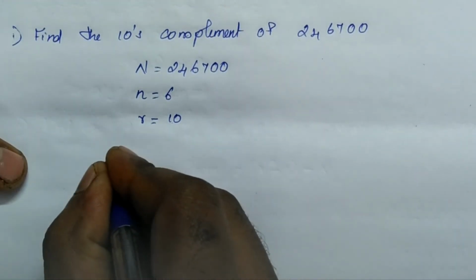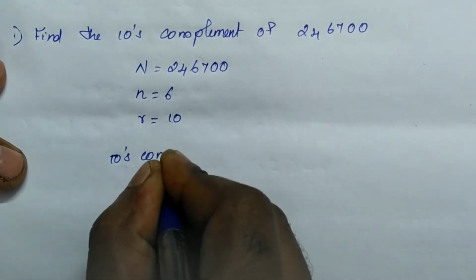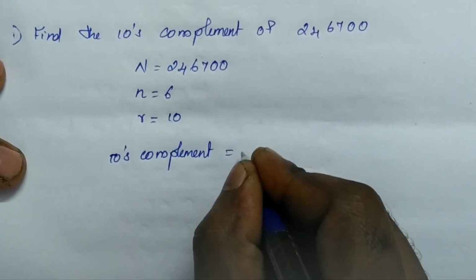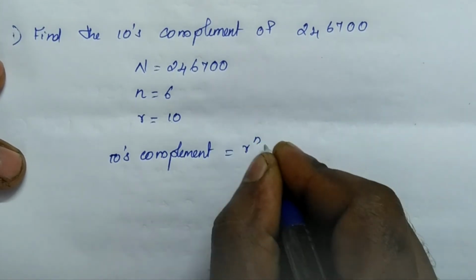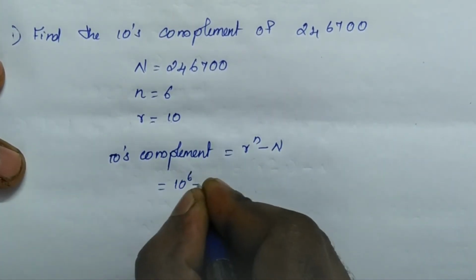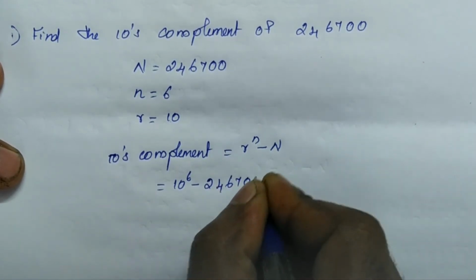Therefore, the formula for 10's complement is r power n minus N. Therefore, 10 power 6 minus 246700.